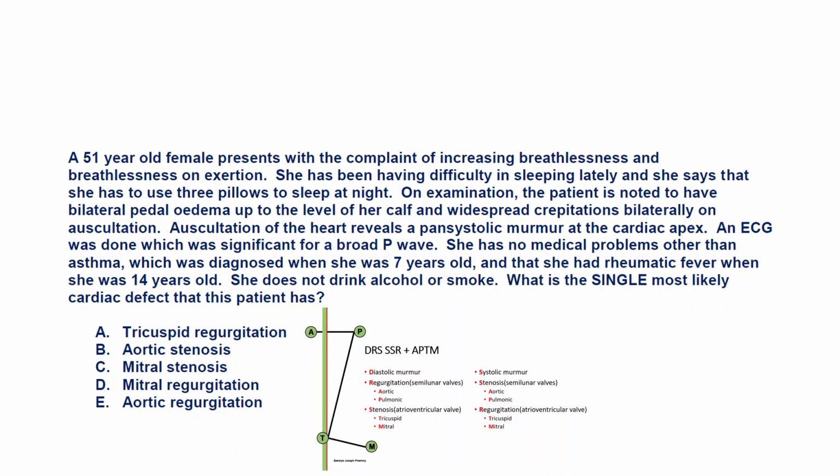And when you read further in the question, you see that this person is a non-asthmatic and has what? History of rheumatic fever, which is important. So we say rheumatic mitral, either mitral stenosis or mitral regurgitation. You have a history of rheumatic fever.